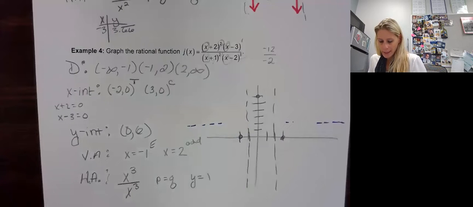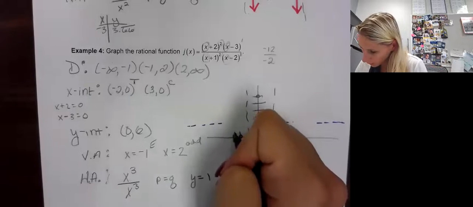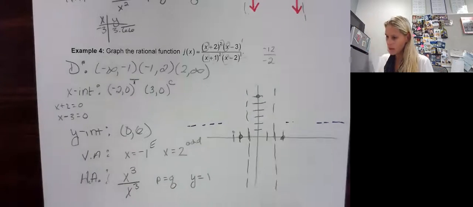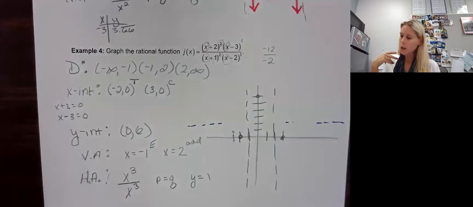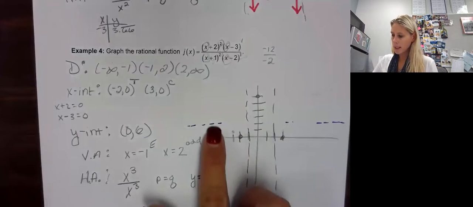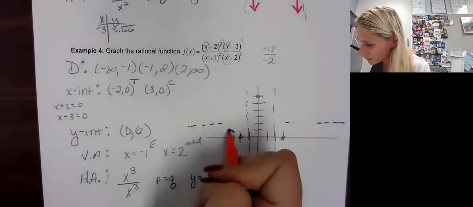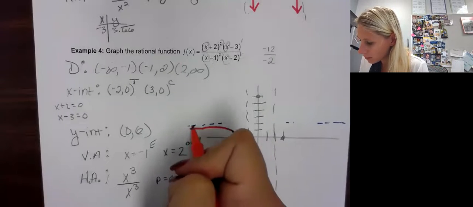So I get -6 divided by -20, which equals 0.3. So at -3, I'm at 0.3. I'm up here. So what does that do for us? Well, if it's above, and here's my horizontal asymptote, that means I'm going to be curving towards the asymptote. Okay?